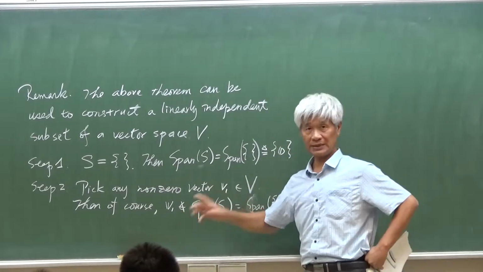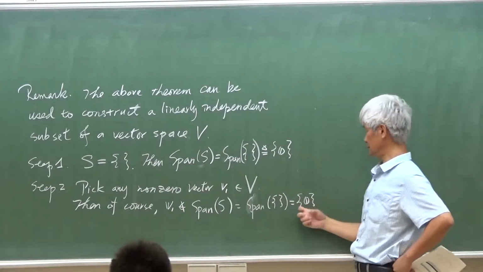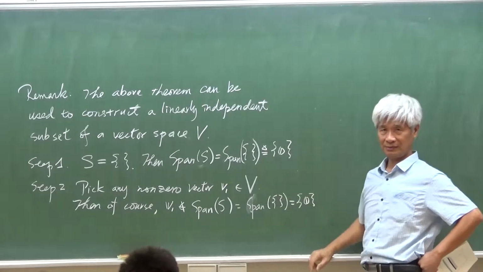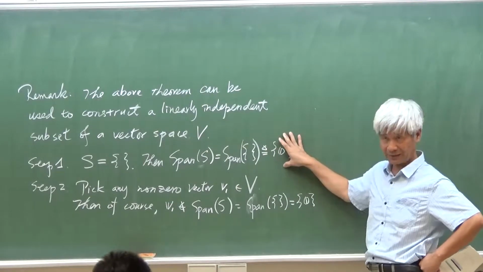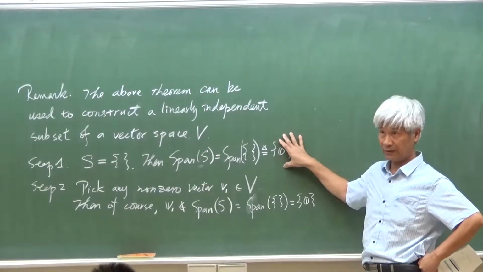Because v1 is non-zero, it's not an element of this singleton, because this singleton consists of only the zero vector.